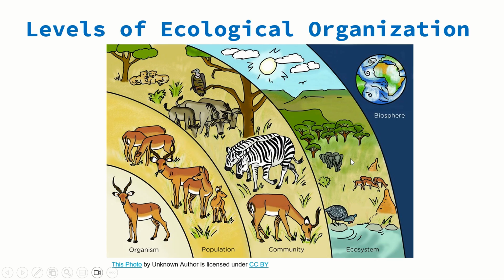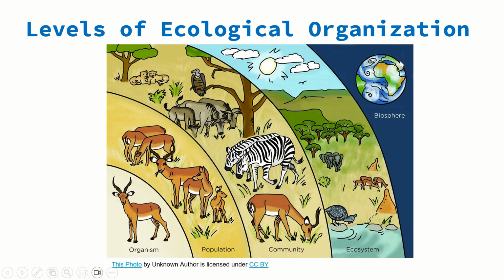This particular diagram kind of skips over biomes and goes straight then to biosphere as the largest level of ecological organization. So you should make sure that you understand what each of these terms means, define them, be able to pick out examples of them, and then understand maybe what types of questions an ecologist could ask at each of these levels.